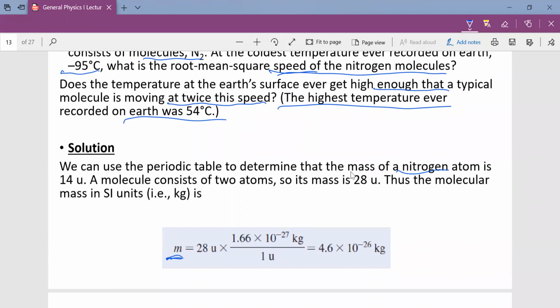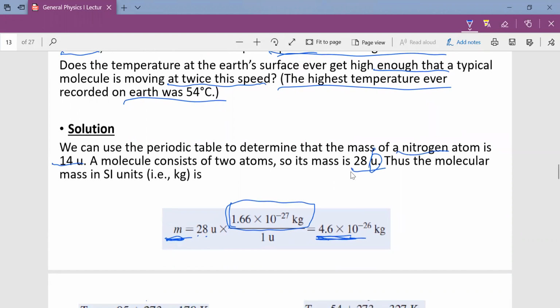Nitrogen is diatomic and the atomic mass is 14 U. Because it's diatomic, 14 times 2 is 28 U. We multiply 28 U by the conversion factor for U to give us the mass of that substance in kilograms.